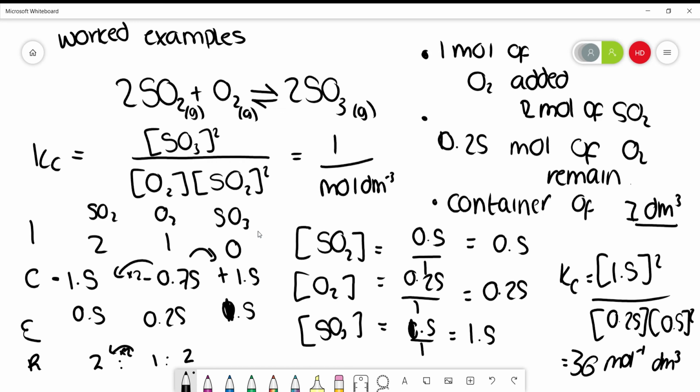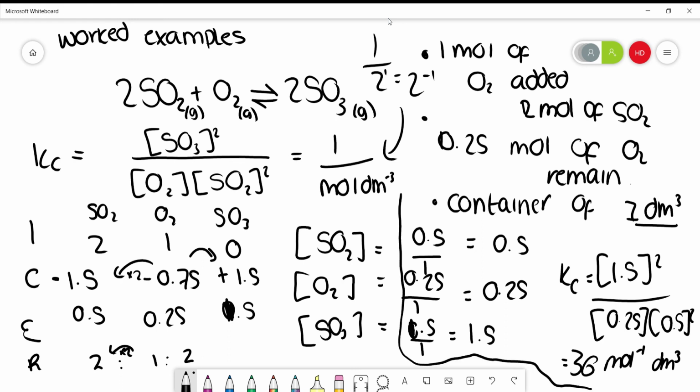So, for example, 1 over 2 is equal to 2 to the minus 1. So when you're flipping it, it should give you the same number, opposite sign. That will make sense. Cool.